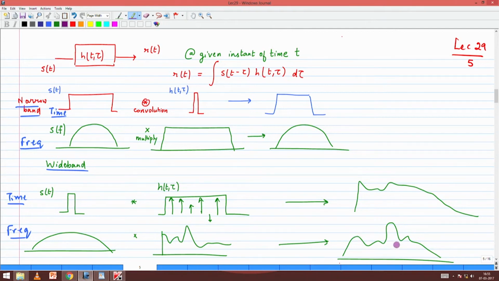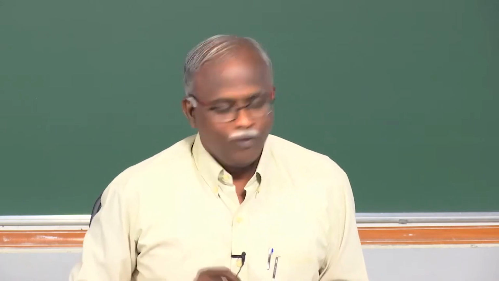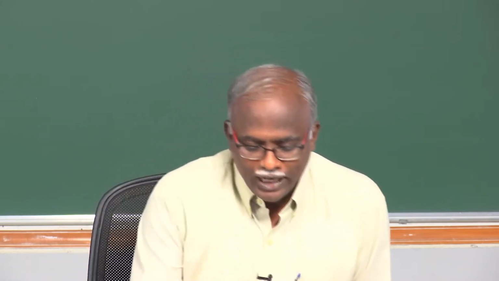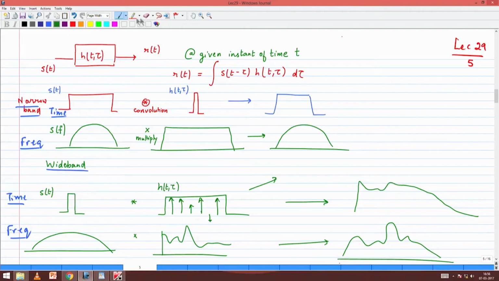So, quick question: what is the job of an equalizer? The equalizer has to basically restore this. If I pass this distorted signal through an equalizer, I want to get back something that looks like this.